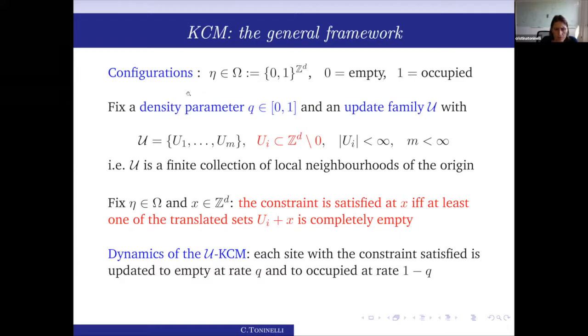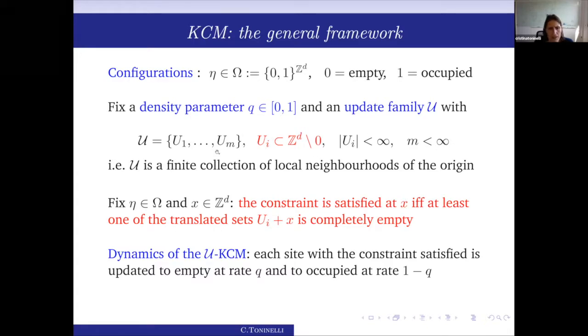So first of all, we have to define the constraint, and to define the constraint, we have to define what is called an update family. The update family is a set of neighborhoods of the origin, which has to be finite, as you might suspect. So I will be dealing with constraints which are of finite range. The set of these neighborhoods is also finite.